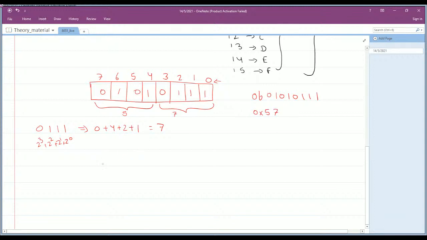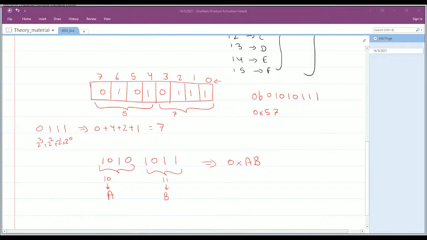Similarly, let's say we have the numbers 1010 and 1011. The decimal of 1010 is 10, and in hexadecimal we represent 10 as A. And 1011 is 11, and 11 is represented by B. So this number in hexadecimal form will be represented as 0xAB.